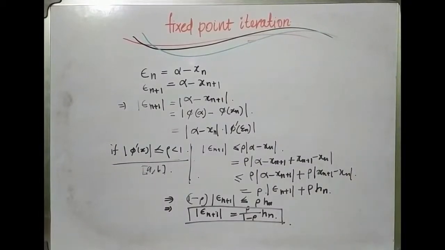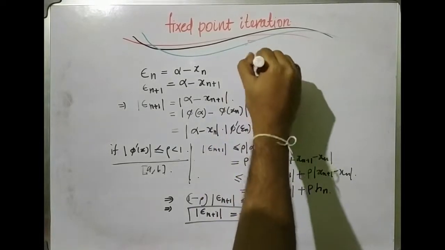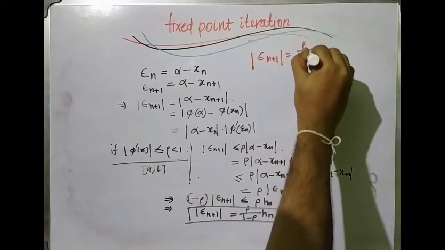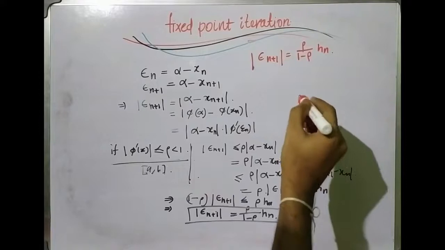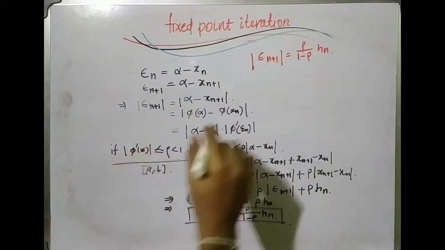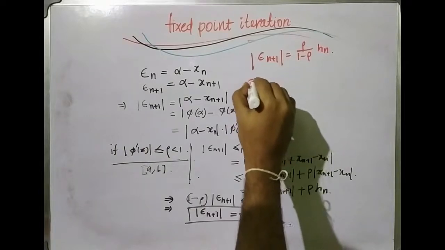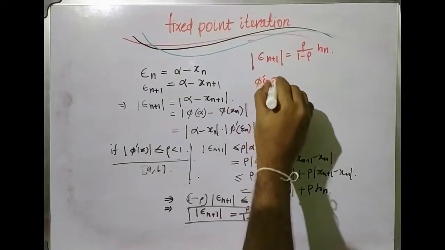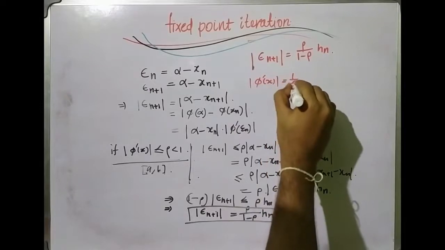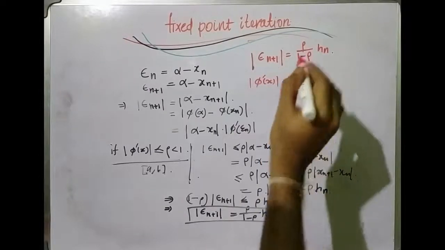Now I am giving an example so that you will understand how phi x helps us to understand which procedure will converge first. So you can see that epsilon n plus 1 equals rho by 1 minus rho hn, right? So what is rho? Rho is nothing but phi dash x. So suppose that you have a function phi x such that mod of phi dash x equals 1 by 6, equal to rho.